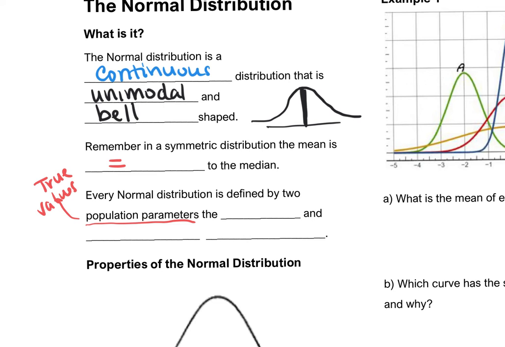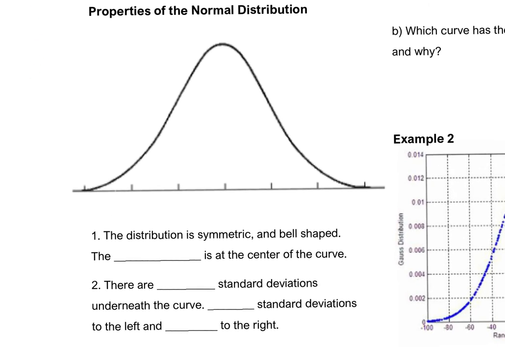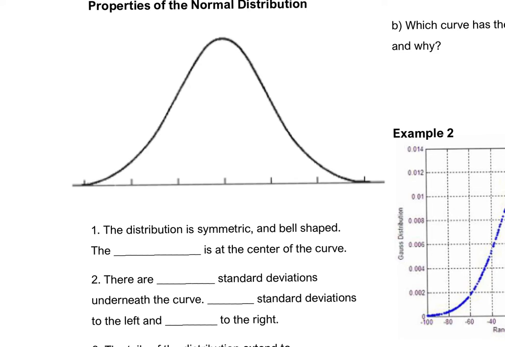And those two values are the mean and the standard deviation. And so what happens now is, if you know the mean and the standard deviation, you know everything about the distribution. And in particular, because it's symmetric, the mean and median always sit in the middle of the curve. So it's symmetric and bell-shaped.